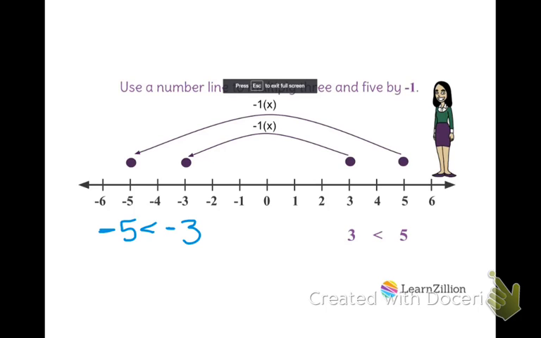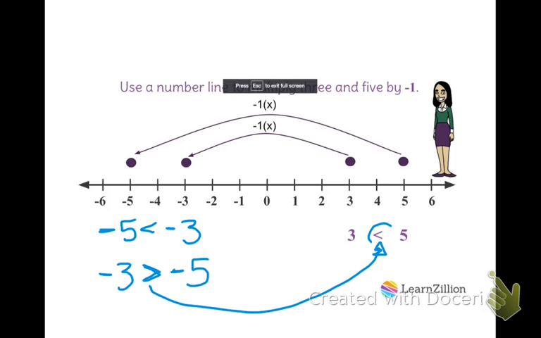So if we wrote the 3 on the left again, so negative 3, see the symbol that it sees? It is greater than negative 5. So you can see the difference between the symbols, keeping the same numbers on the same side. You would have to reverse the symbol. Okay?